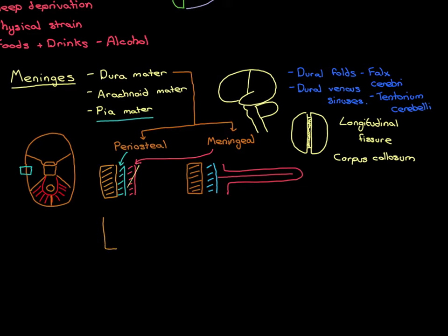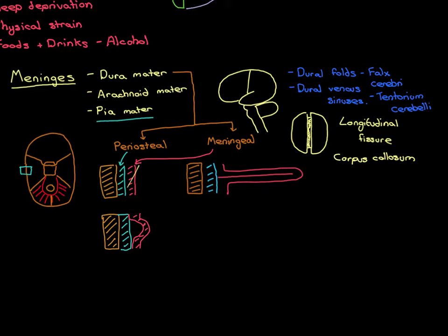So, again, here in orange, this is representing the bone, of course. And then inside of the bone, we'll then have the periosteal dura mater, here in blue again. And then inside of the periosteal dura mater, you will then have the meningeal dura mater, but I'm now going to imagine that I've pulled it away from the periosteal dura mater to create a little space there in between the meningeal and the periosteal dura mater, the two layers of the dura mater.